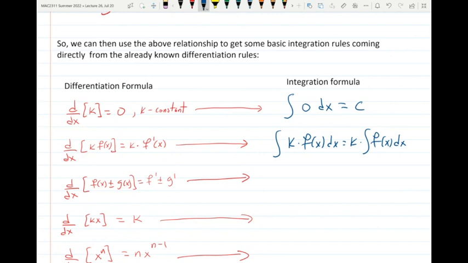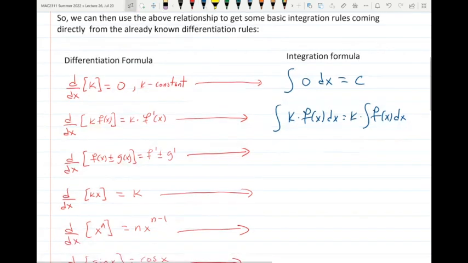Take the derivative of this. So if you take the derivative, what happens? K goes out because of that rule, and then you end up with the derivative of this integral. What is the derivative of this integral? F. They cancel each other. We just said that. It's F. So you get K times F, which is exactly what we have. So that's how you can check if your formula works.